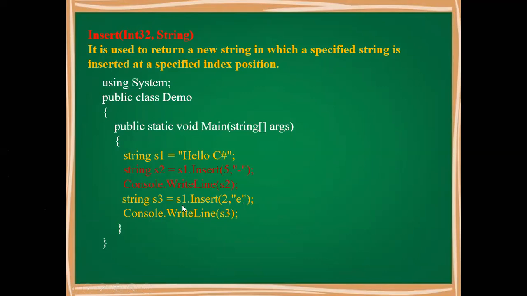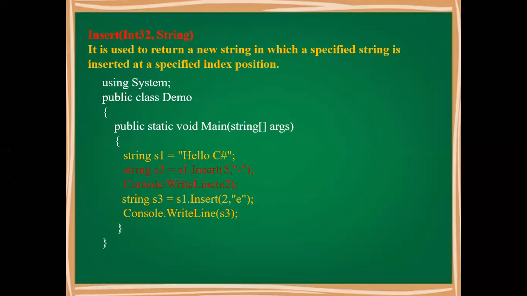That means we want to insert E in s1 at the second index position. So what is our second index position? H is 0, E is 1, L is 2. Okay, so 2 की position पे हम insert कर रहे हैं. So Console.WriteLine(s3) will insert E before L.